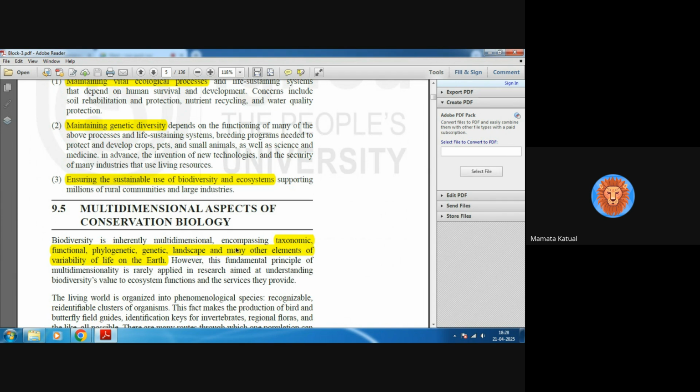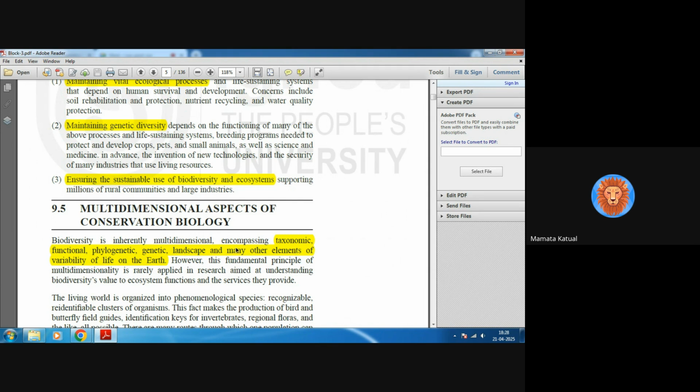Then number 3 is ensuring sustainable use of biodiversity and ecosystem. For maintaining biodiversity, sustainable use of biodiversity is very, very important.